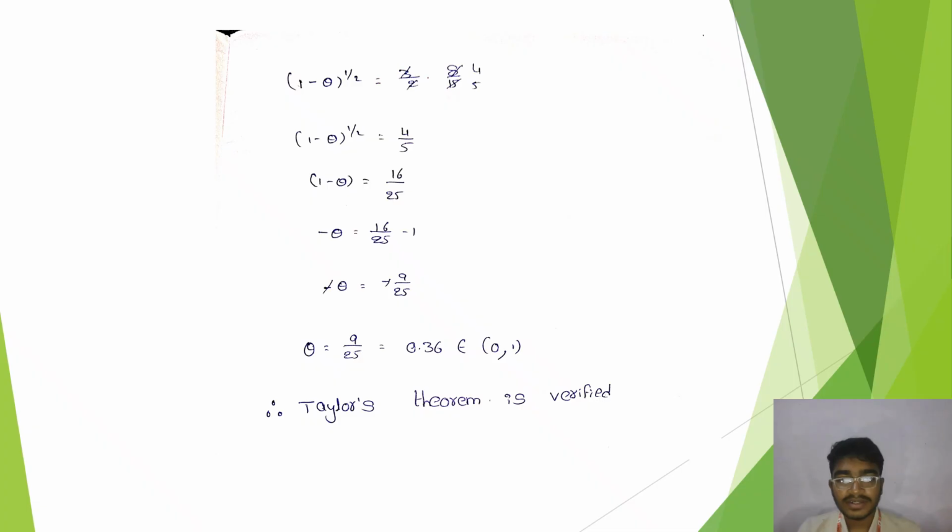Minus theta is equals to 16 by 25 minus 1. Here minus theta is equals to minus 9 by 25. Minus minus cancel. Theta is equals to 9 by 25, which is 0.36, which is between 0 comma 1. Hence Taylor's theorem is verified.